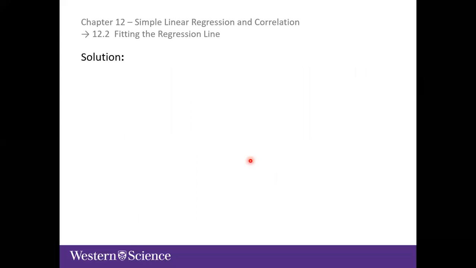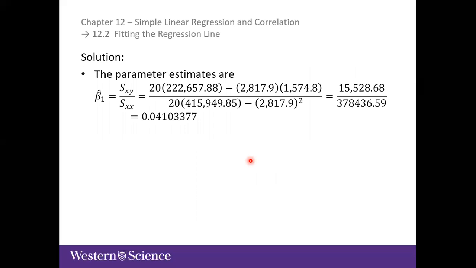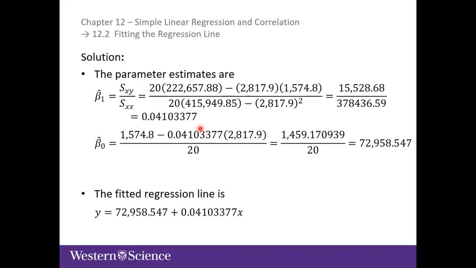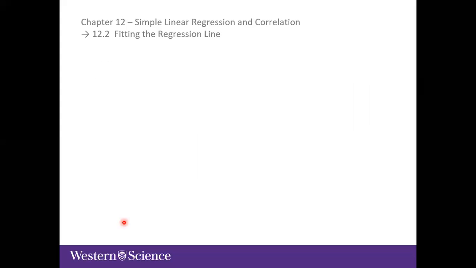So once we have those 6 quantities, then beta 1 can be calculated. That is the sum of errors for x and y, and the sum of squared error for x. Then beta 1 can be obtained as 0.04. Beta naught also can be calculated. So the fitted line has this slope and this intercept.